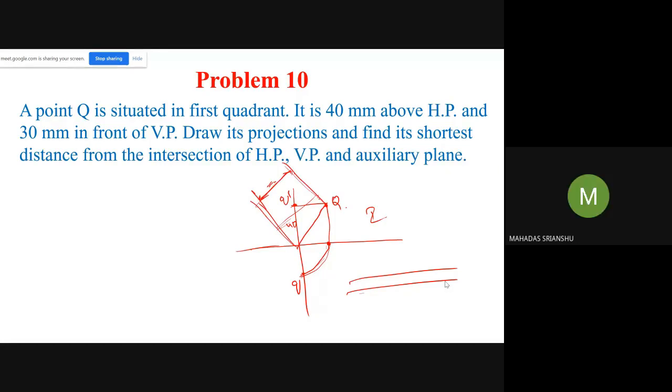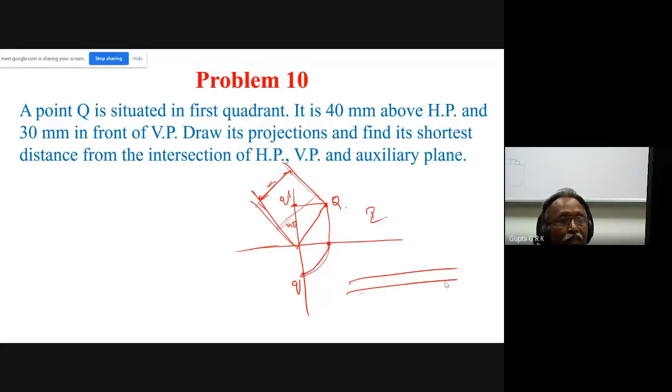Okay. Sir, from small q to capital Q, you drew a line. So do we have to draw that also, sir? That is the distance I have to measure now, from Q dash to Q. These lines I draw because I have to find out capital Q, right?